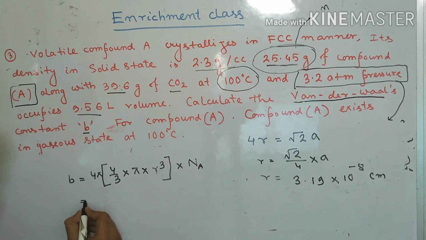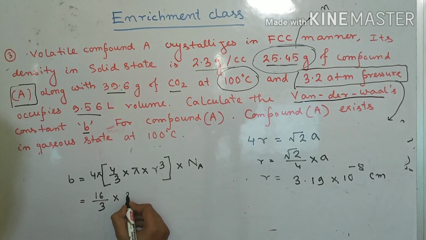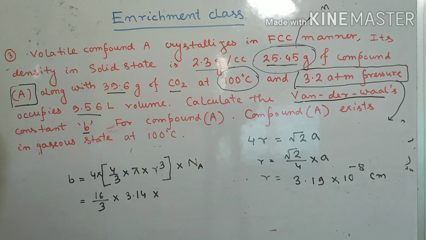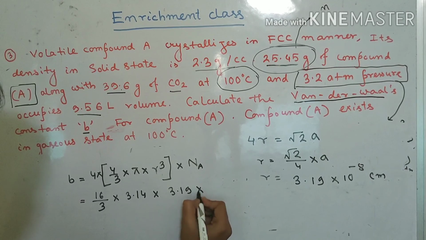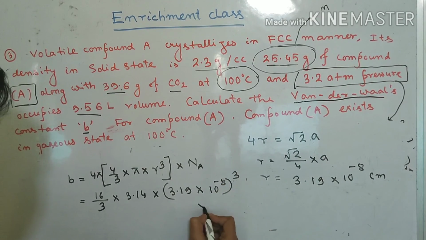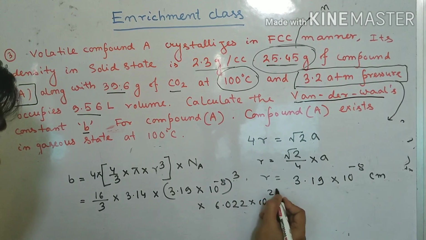So here it should be 16 into 3.14 almost, into r cube, that is 3.19 into 10 to the power minus 8 whole cube into 6.022 into 10 to the power 23.